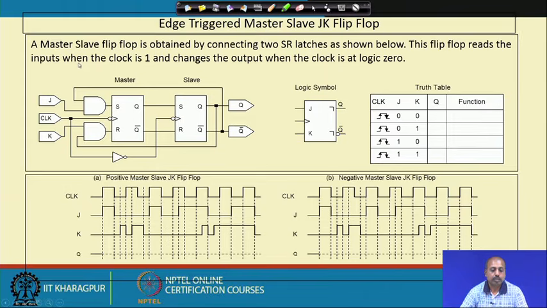Here it is written as when the clock is 1, so in that case this bubble should not be there, and it is written that it is evaluated when the clock is 0, so in that case this bubble should not be there. So, there is a problem with this diagram and this write up. Anyway, it conveys the basic idea.